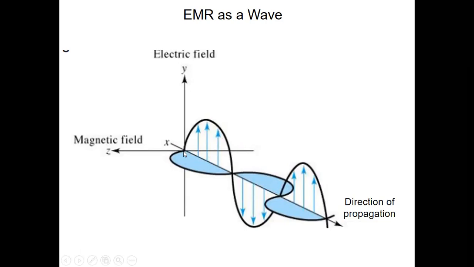Again, perpendicular to both the propagation direction and the electric field, there is a magnetic field. Since it has electric and magnetic fields, we call it electromagnetic radiation. This radiation has both electric as well as magnetic field. So this is how it acts as a wave.